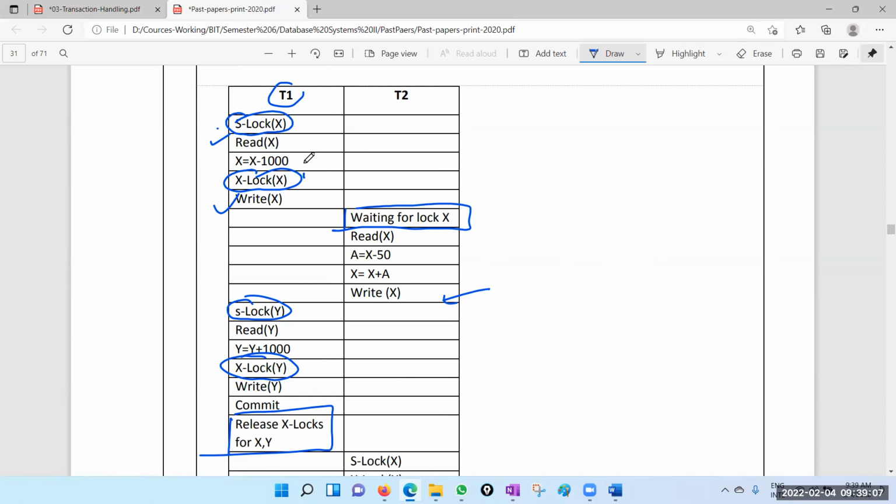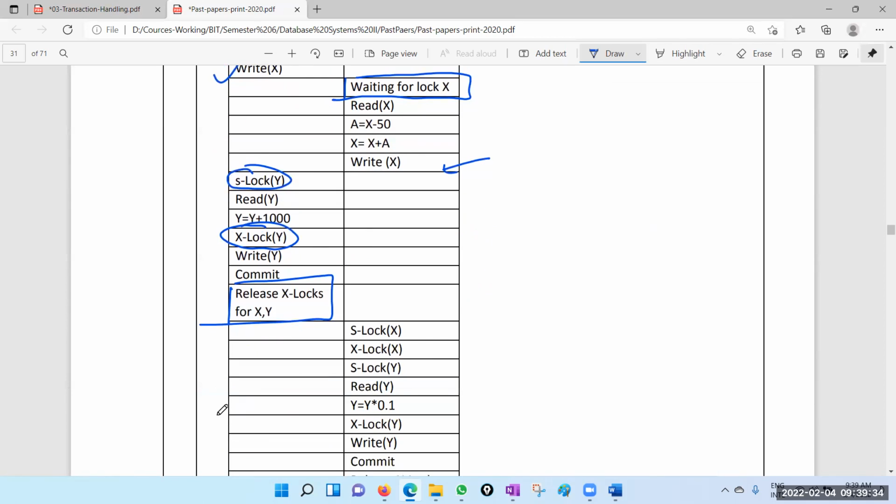But the examiner usually does not go into complications like lock upgrades and lock downgrades. The examiner will always consider that I am having all the locks and I will release all the locks. That is just to make your life easier and make the answers simple. So you don't have to worry about lock upgrades and downgrades in this kind of question.